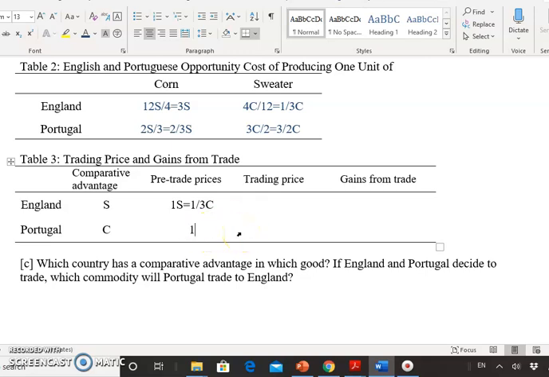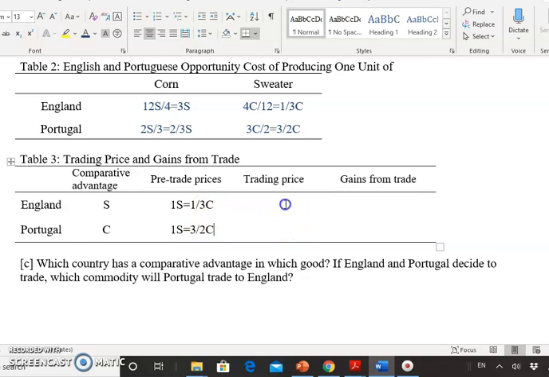If you have one sweater in Portugal, you would be able to exchange 3/2 units of corn, or 1.5 corns. Now these are the prices in each country without trade, or when they are isolated from each other.